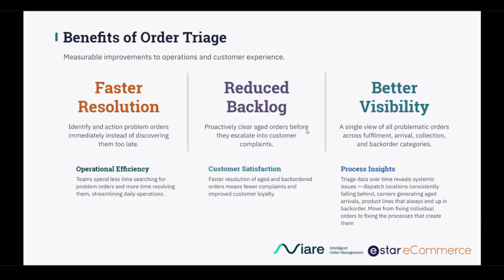So using the order triage functionality, you have better visibility of it. You can resolve it faster and you can reduce your backlog pretty quickly as well. So you're getting ahead of the issue and you can inform your customers before it becomes a problem. You're assuring them that their order is important and being looked after. And obviously that leads to customer confidence and fewer complaints.